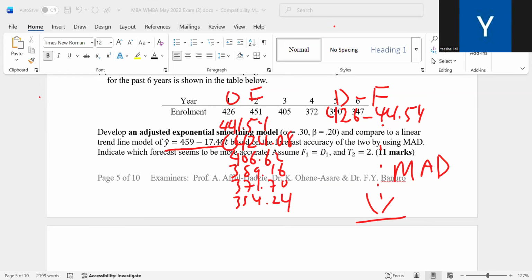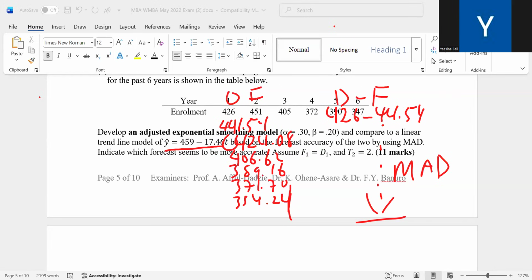So what you have to do is you now compare the two. When you look at the linear trend line, the model has an MAD of 14.46. And the other one, the exponential smoothing model, has an MAD of, was it 35.57 we had? Yes, Doc.